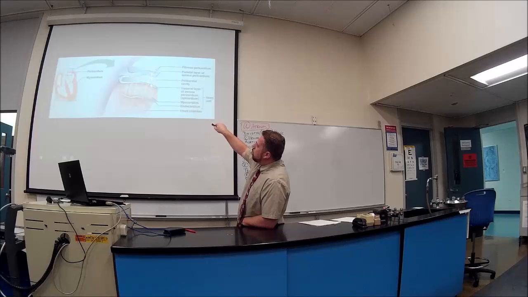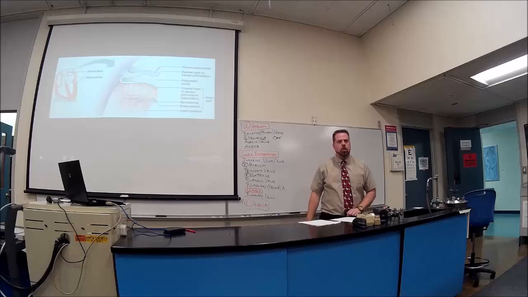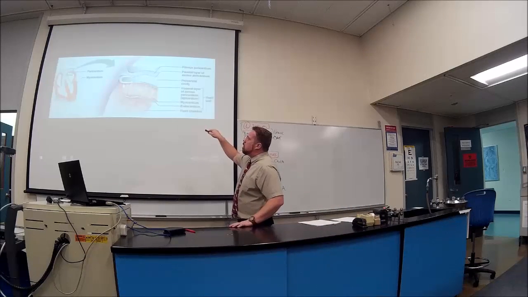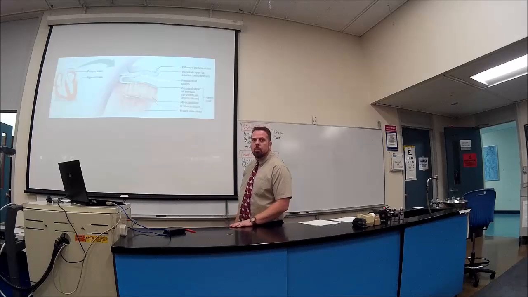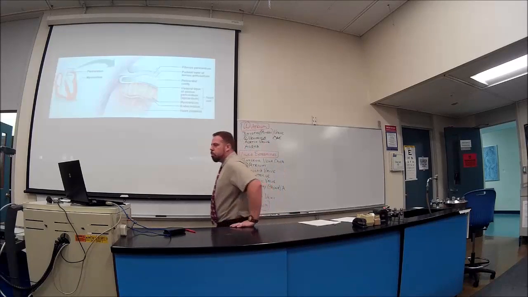That should be touching the parietal layer, but in a drawing, just so you can visualize it better, they put the space there. Then you have a very thick muscular layer, that's the myocardium. And then the inner layer of the cavity, we call that the endocardium. You can already see some of the Freddy Krueger look in the cavity.